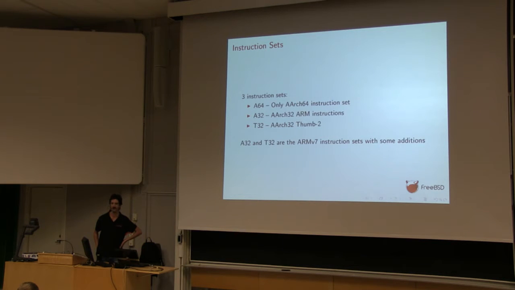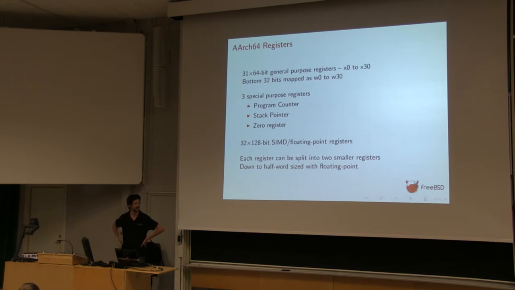And T32 is Thumb2. And they've added some more, so it's basically ARMv7 plus some more instructions. Some things around crypto, so you can do things like CRC32 instructions, AES I think maybe in there. There's a lot of registers.